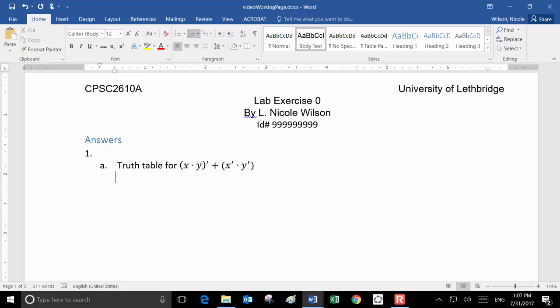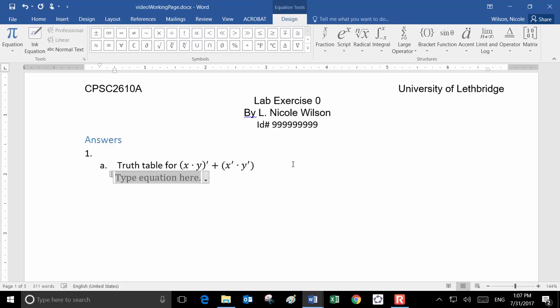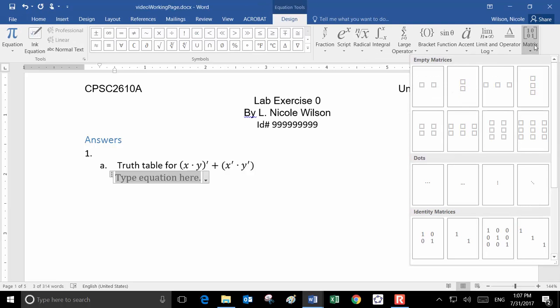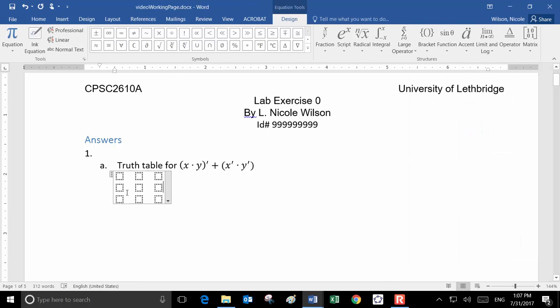Again, I'm going to do things in math mode here, so I'm going to make a table using the matrix. We need to have a column for x, a column for y, and then for any intermediate things we want. So in my case, I'm going to do a column for x NAND y.